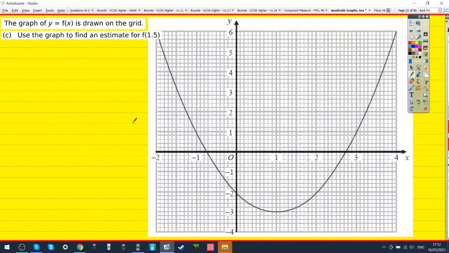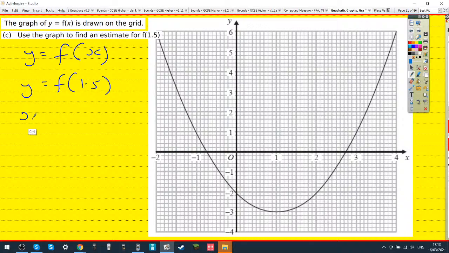Okay, any idea what this means? It means, well, if you spot the difference, y equals f of x, y equals f of 1.5. What changed? X. And what did it change into? 1.5. And so when x is 1.5, what is y?